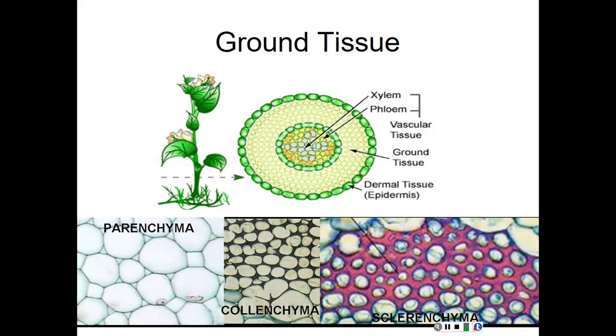If it's cortex, it's ground tissue that is outside the vascular tissue. So, for example, in this particular example, the ground tissue here would be considered cortex because the xylem and phloem are in the interior here and the ground tissue is outside of it.